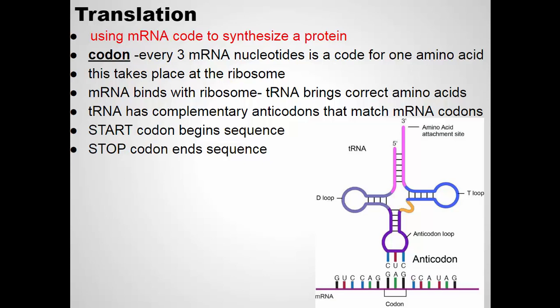They're called codons. And the transfer RNA reads them, brings in the proper amino acids. There are special codons that tell when the beginning of the protein begins, and a stop codon that says, okay, this protein is finished, it can be released.